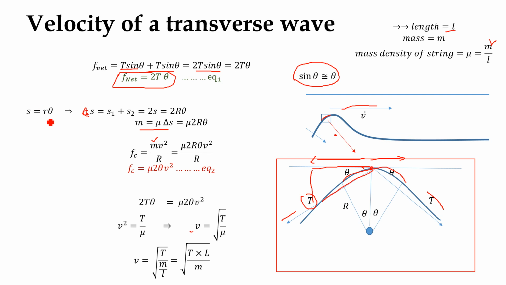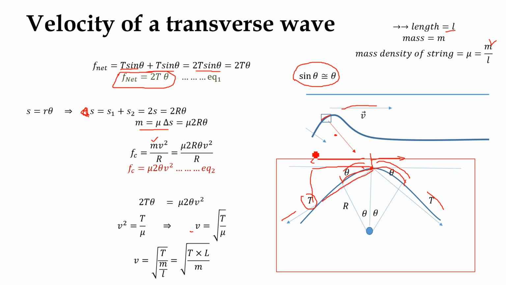We know that arc s is equal to radius times theta. Now here we have the total del s, which is the length from this point to this point, divided into two small arc lengths. This is s1 and this is s2, and s1 is equal to s2. So we have this total length del s is equal to s1 plus s2, and s1 is equal to s2.